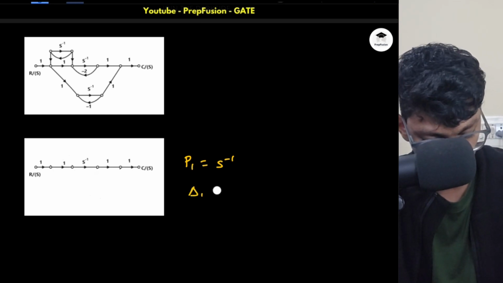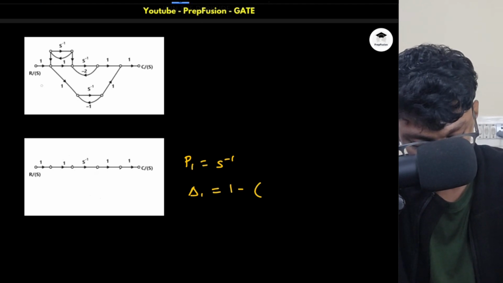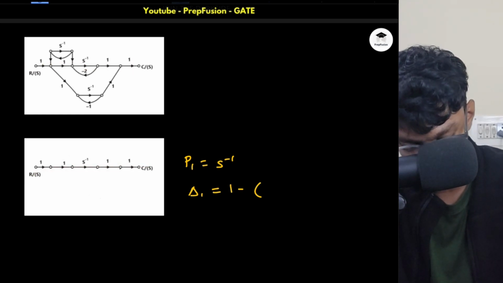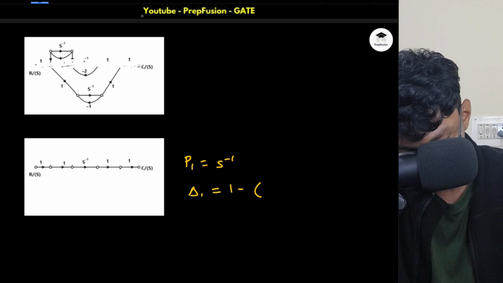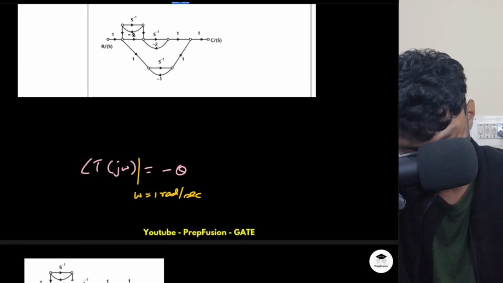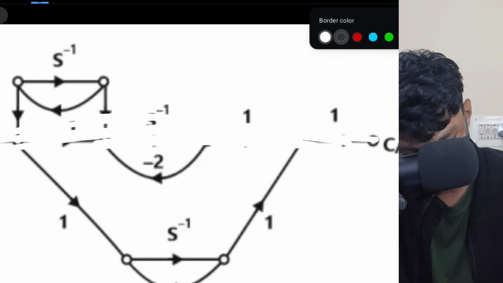What is delta 1? Delta 1 of the forward path is 1 minus the sum of individual loops, removing this forward path. If I remove this forward path, what are the loops left? The loop left is this one. This has a gain of minus 2, right? This has a gain of minus 2 right here.